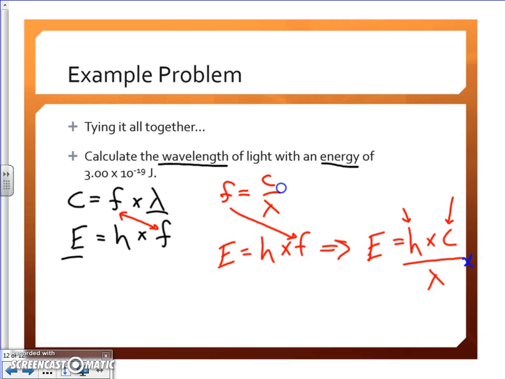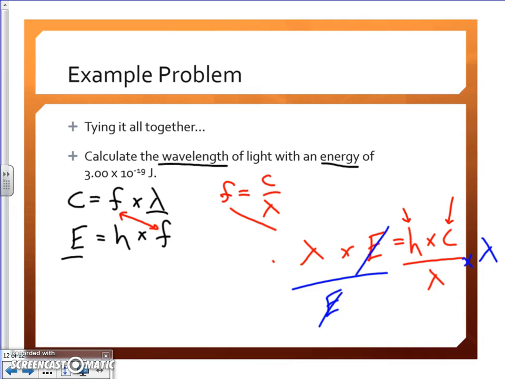So I multiply both sides by wavelength, and then I need to divide by E to get rid of it on this side. What I end up with is wavelength equals H times C divided by E.